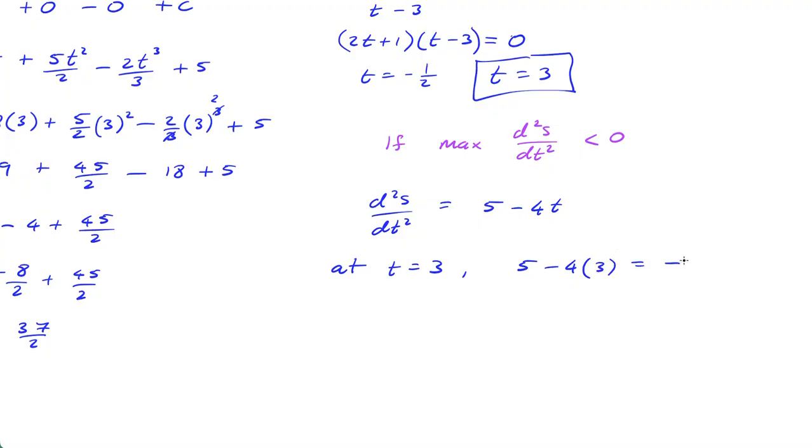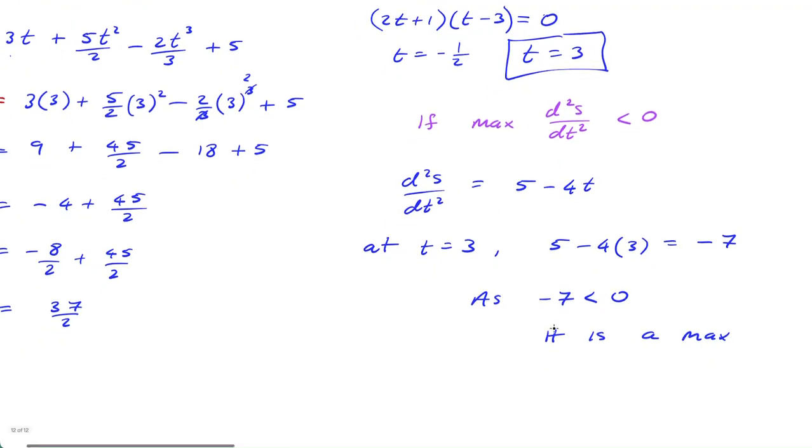As negative 7 is less than 0, it is a max. So that's my answer, and that's my justification. Okay, guys, hope that makes sense. That is question 8.